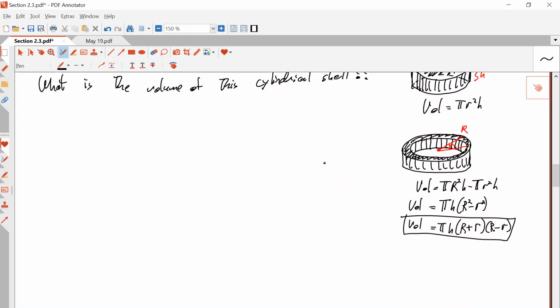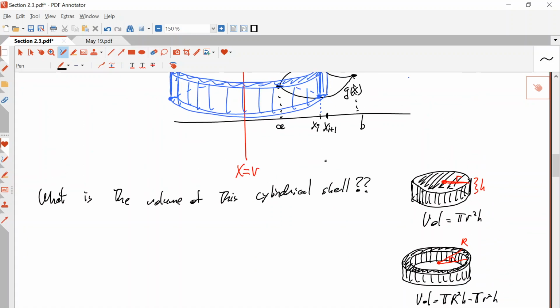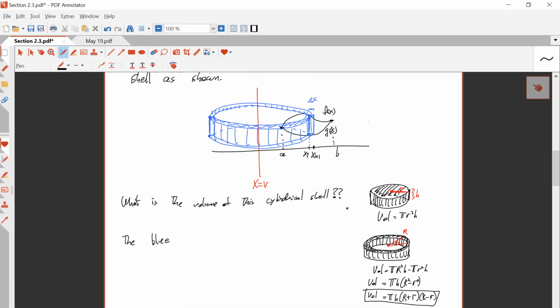Okay, so the blue cylindrical shell, actually, let me arrange the notes a little better here.